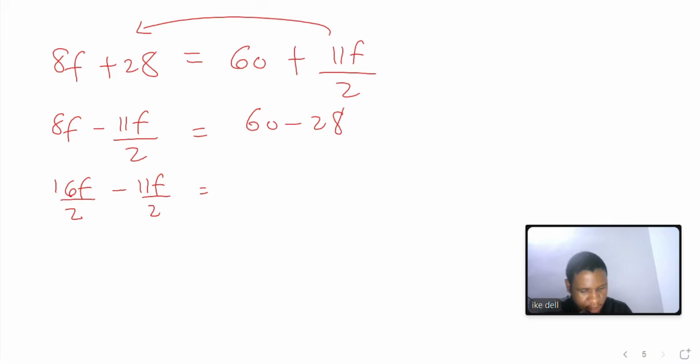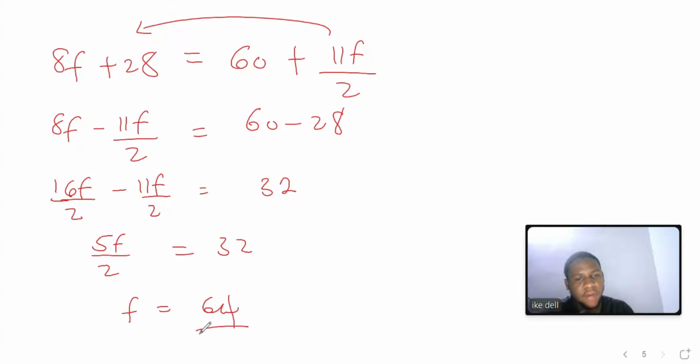And then the 60 minus 28. Okay, I don't feel like we're working in circles anymore. I feel we're actually heading to a particular point. So 16 minus 11 is what? 5. So 5f over 2 is equal to 32. And that means that f is equal to 64 divided by 5.